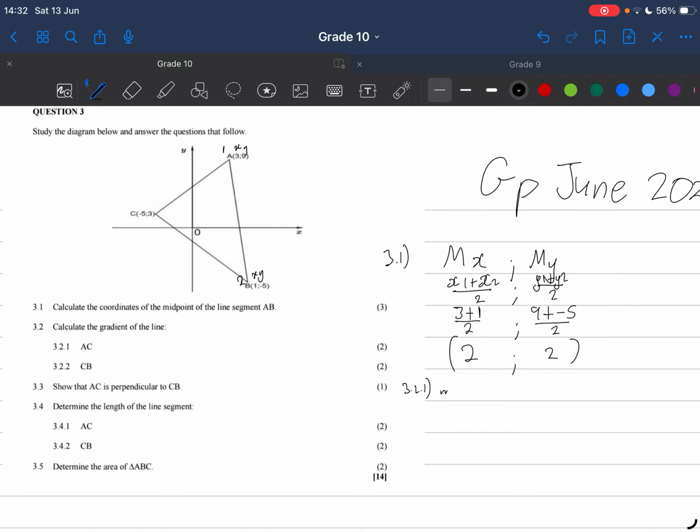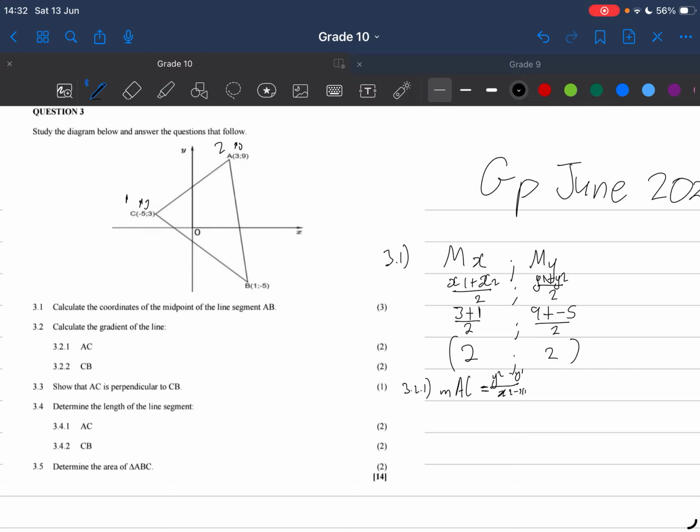3.2.1. They want the gradient, so small m, of line AC, which is y2 minus y1 over x2 minus x1. So line A to C is over here. This is my coordinate 1. This is coordinate 2. It comes first. The gradient, so this is going to be x, y, x, y.